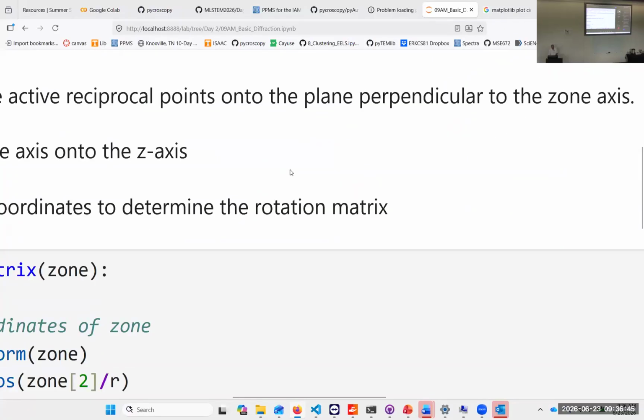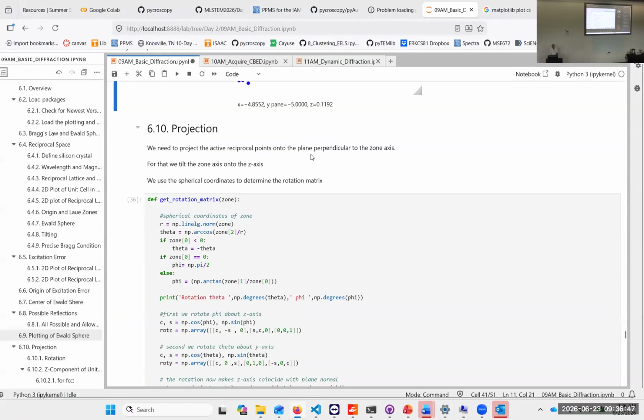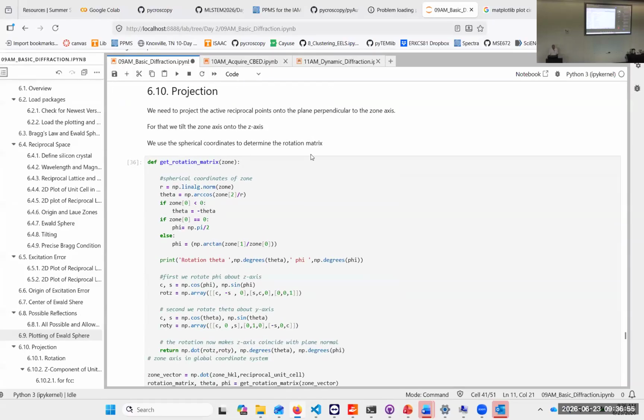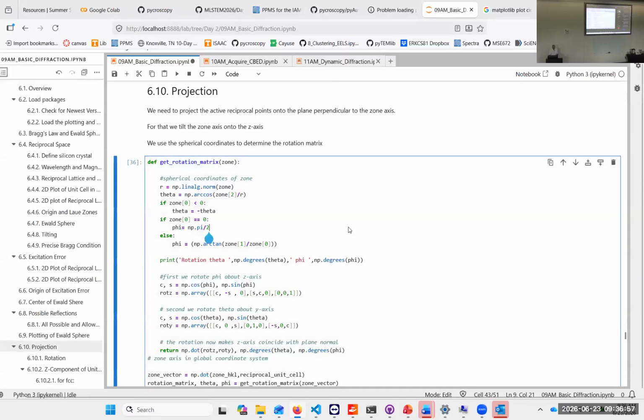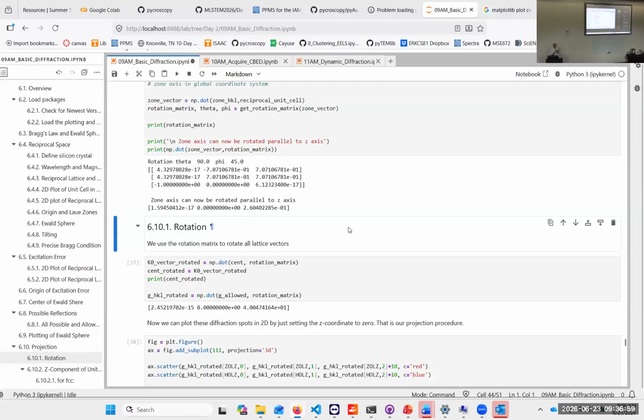So that's why we do it by rotating it, so we can calculate the rotation of the Ewald sphere and get the rotation. That depends on the direction you come in from. If we come in along 100, it's trivial.